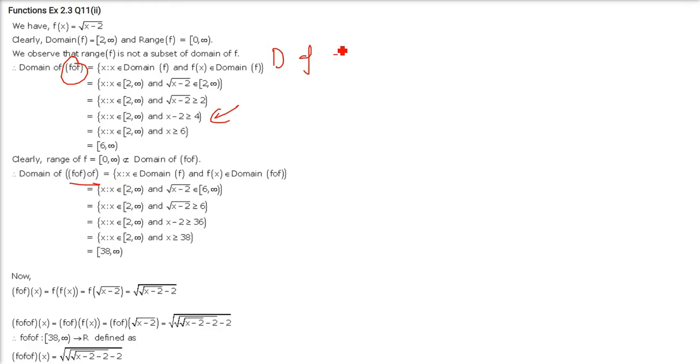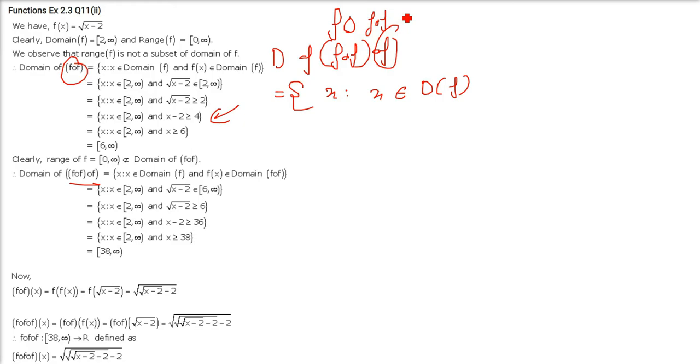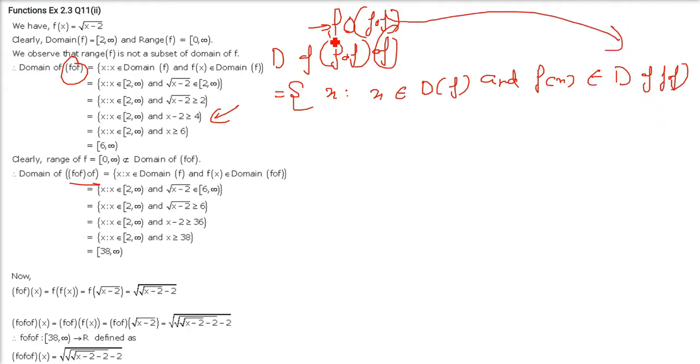So we will find the domain of fofof, which is: x is such that x belongs to the domain of f, and f(x) belongs to the domain of fof. So x belongs to the domain of f, and f(x) belongs to the domain of fof.